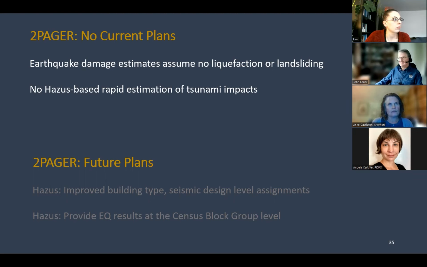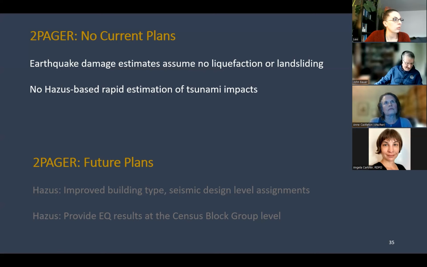The future plans are detailed points. I'm not going to get into them, which is why I highlighted them. What I want to say is this. As Ann said, I've been watching the 2PAGER effort for some years, and I had concerns about the building data quality that fed it. I was a little dubious about suggesting its use for a broader audience like this.